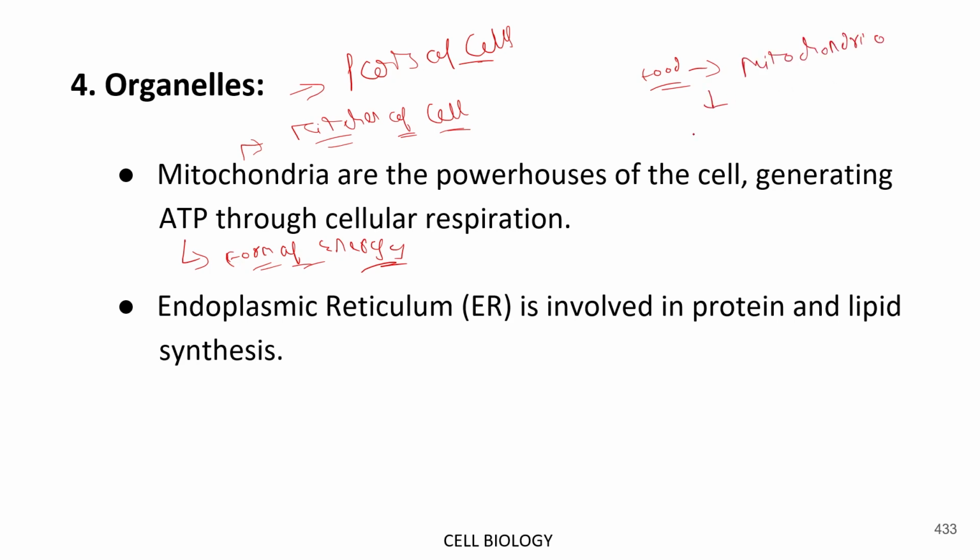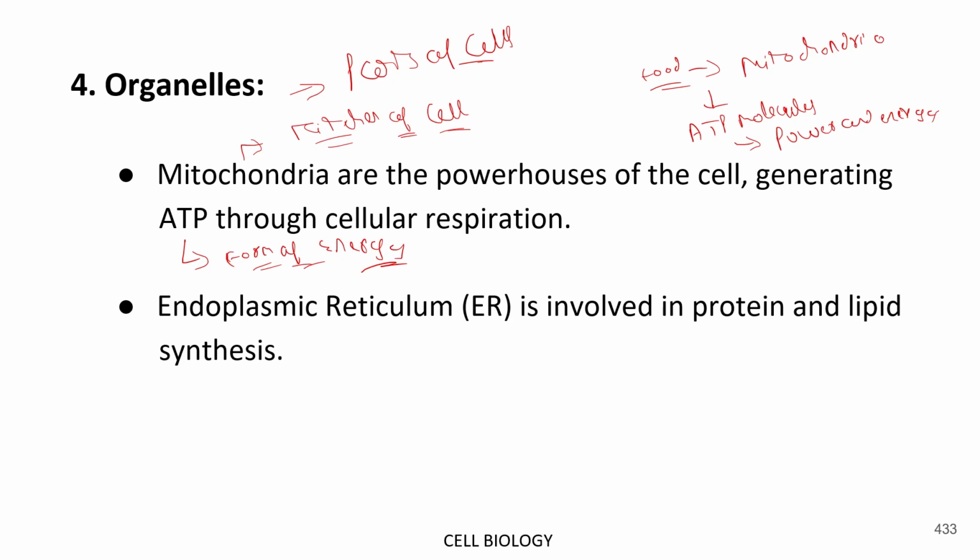Mitochondria break the food into ATP molecules, and these ATP molecules are used for power and energy. So just remember the flow. You take the food, it reaches the mitochondria, then the mitochondria convert the food into ATP molecules, and the ATP molecules are used to produce energy and power for the human body's functions.